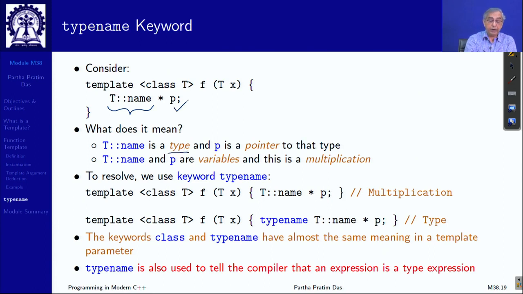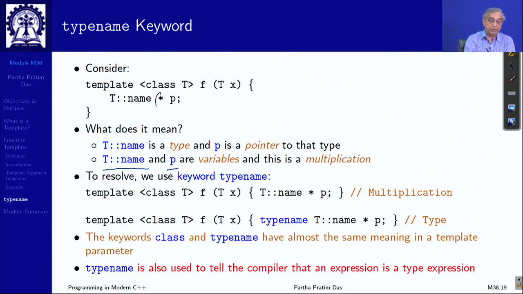In that case, it is a pointer declaration. That is, this is a typical pointer star. In other words, it could also be that T::name is a variable, not a type, in type T, and p is another variable.